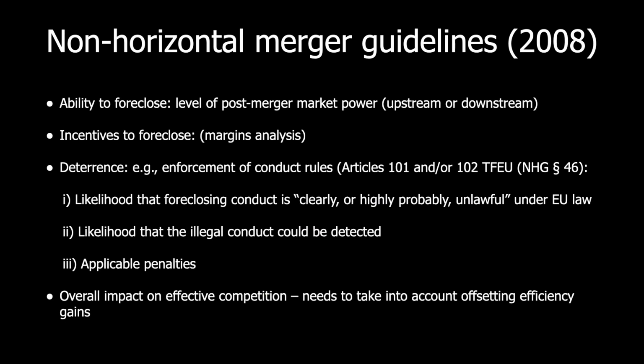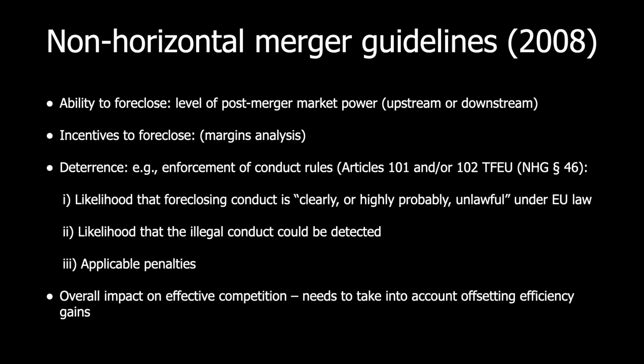The analysis of foreclosure is complex and demanding, and it requires a distinction between the ability to foreclose and the incentive to foreclose. The ability to foreclose is determined objectively in view of the characteristics of the affected markets and the degree of market power in those markets post-merger.